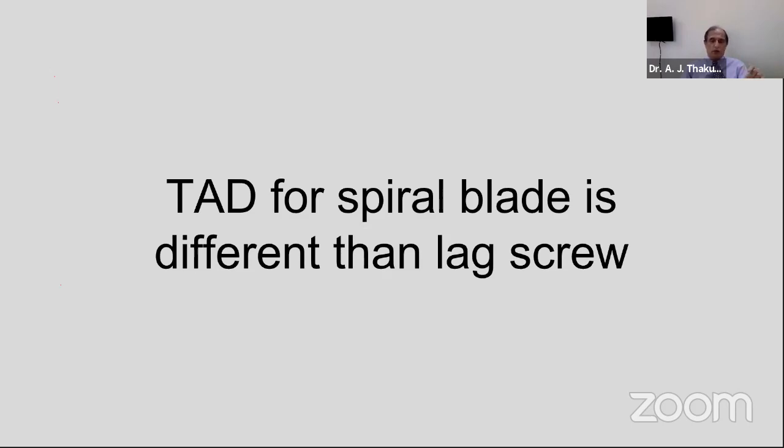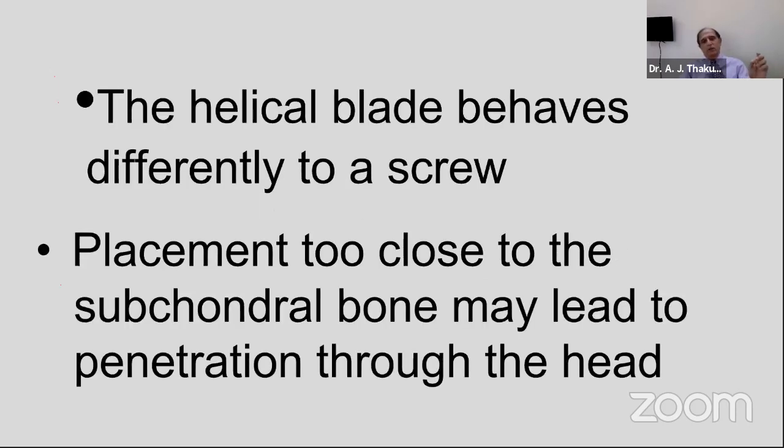Helical blade behaves differently to a screw, and a placement too close to the subchondral bone may lead to penetration through the head. If we go very close, 5 millimeters, 10 millimeters, it may just perforate through and cause trouble. So TAD for a helical blade should be about 20 and not 10. So it should be a little longer.